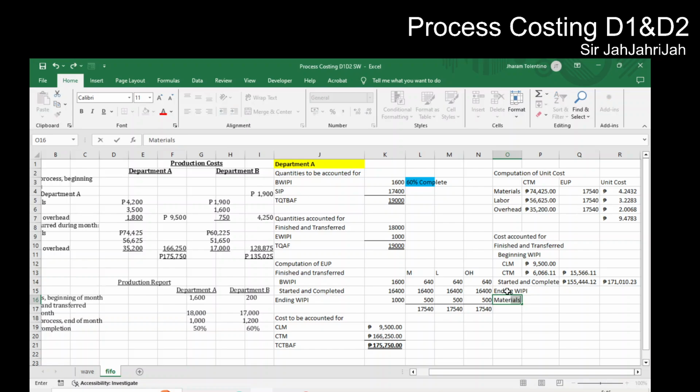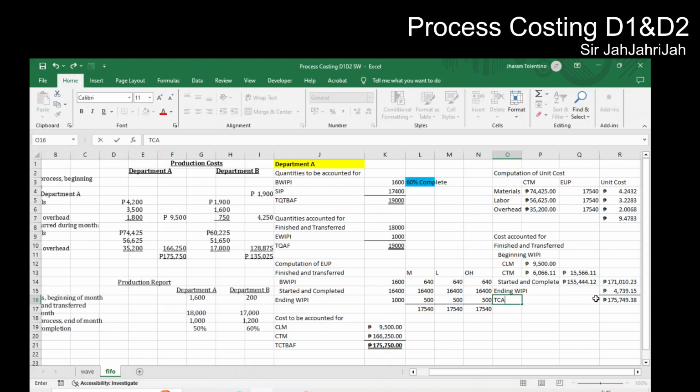We have materials, labor, and overhead supposedly, but since it is even distribution, all we need to do is 500 multiplied by 9.4783. We have 4,739.15. Get the total. We have 175,749.38, or a 0.62 difference due to rounding off.